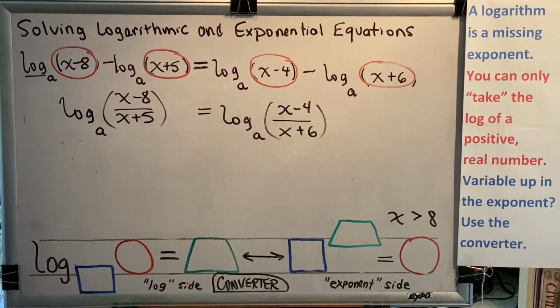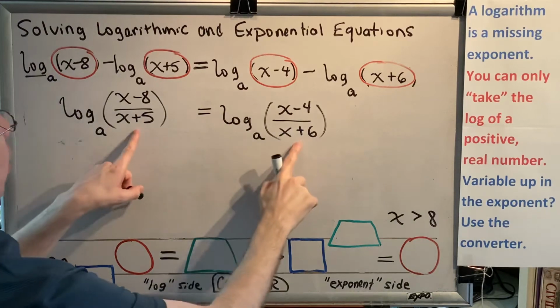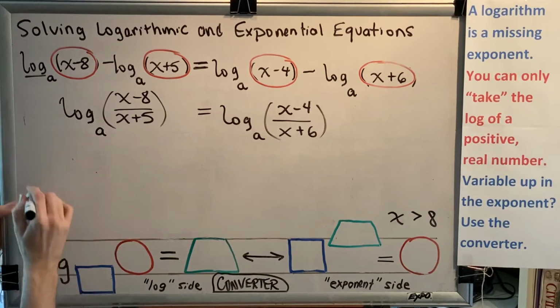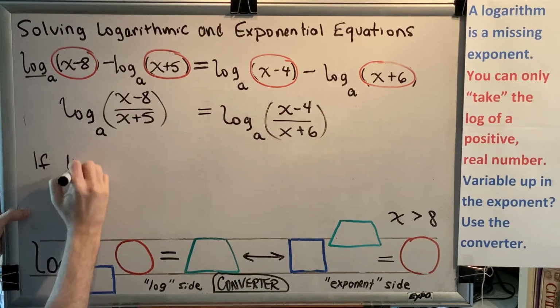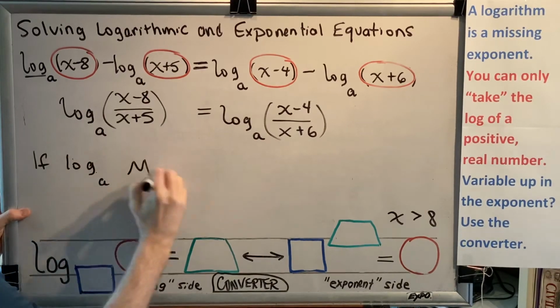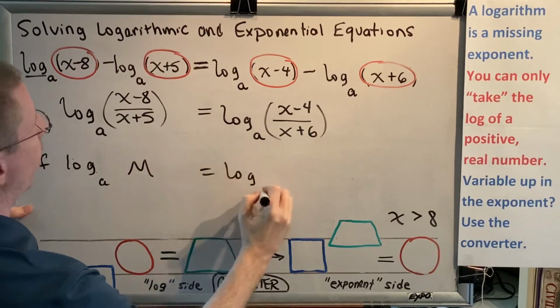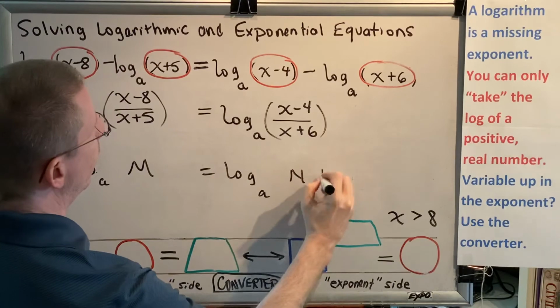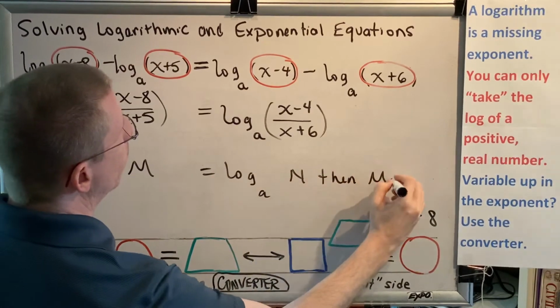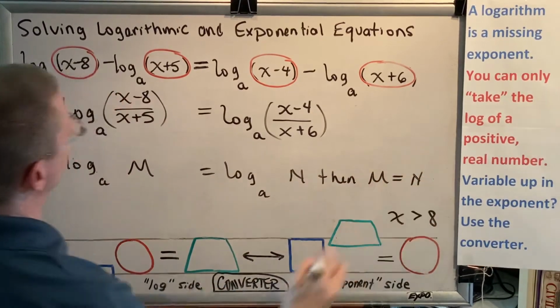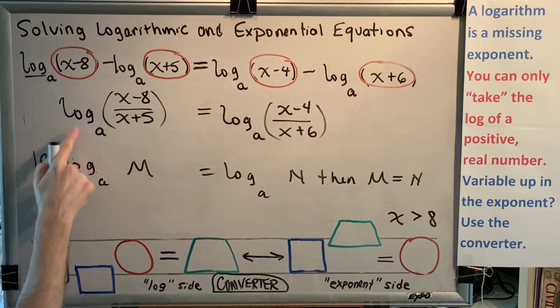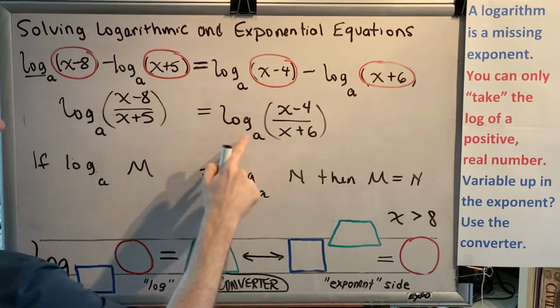Now, by the law of logarithms, we can set these 2 arguments equal. Remember, the law of logarithms says if log base a of m equals log base a of n, then m equals n. Well, that's exactly what we have. Log base a of m equals log base a of n.